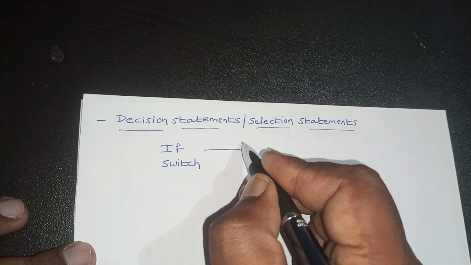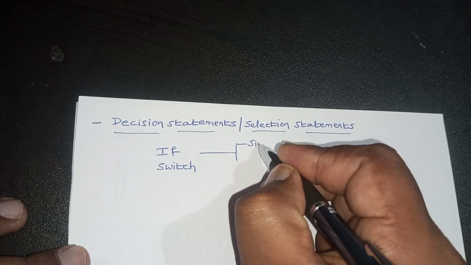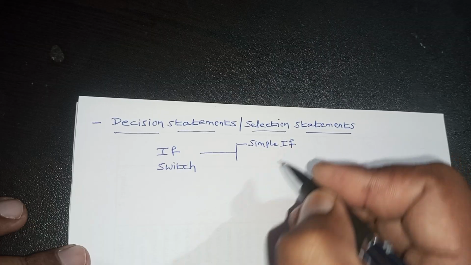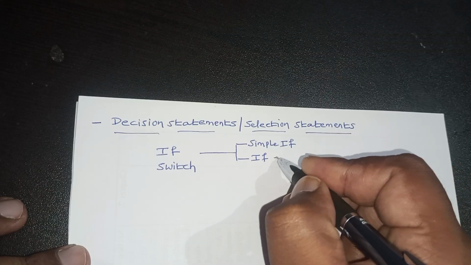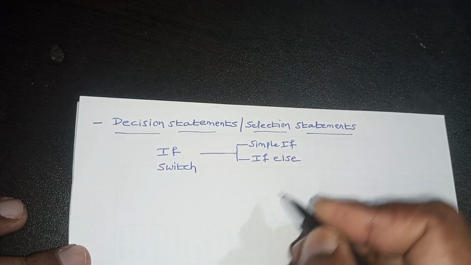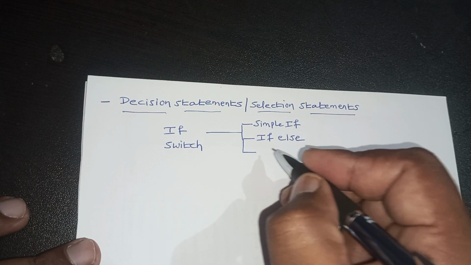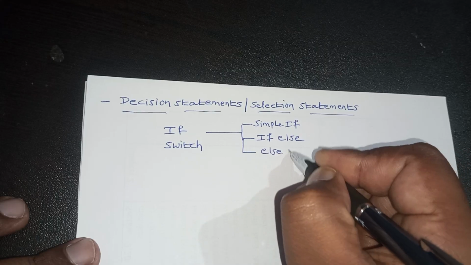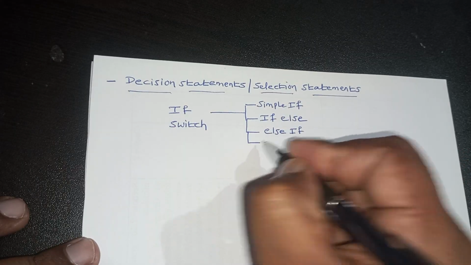Coming to if, one is simple if, second one is if else, third one is else if, and the fourth one is nested if.